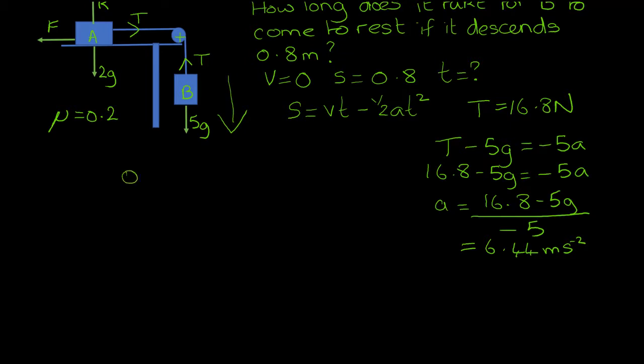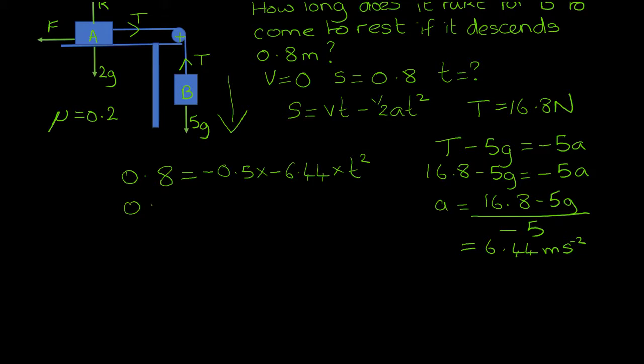So we've got 0.8 equals nothing because V is nothing, minus 0.5 times minus 6.44 times t squared, t being what we want to find out.